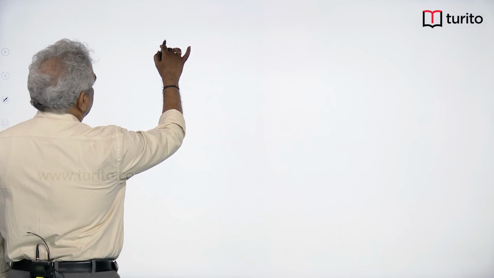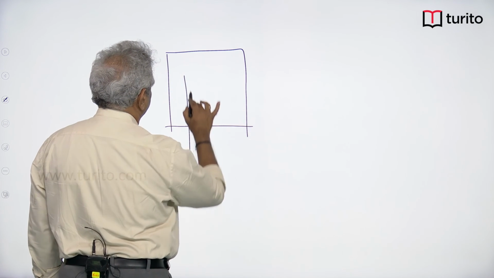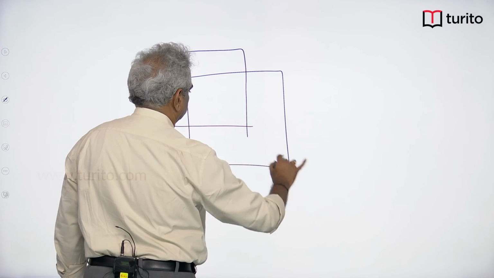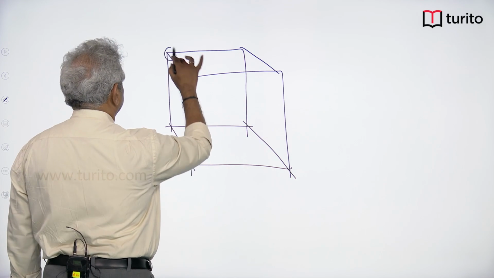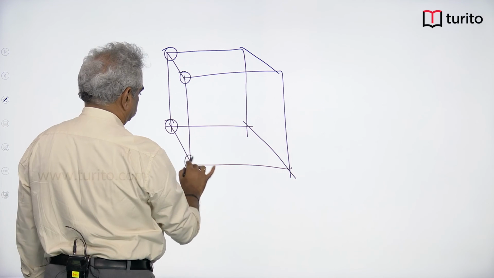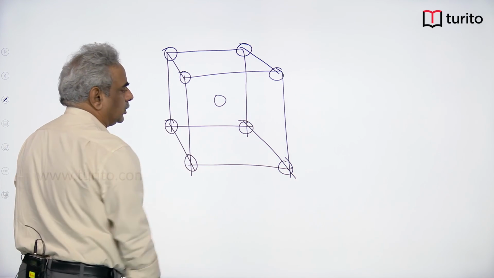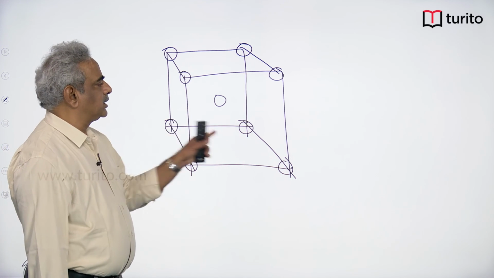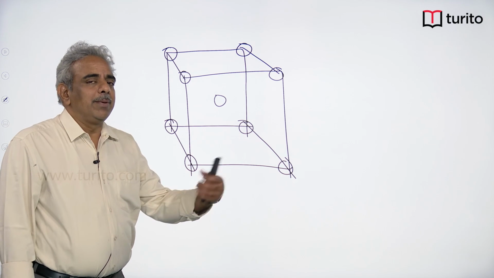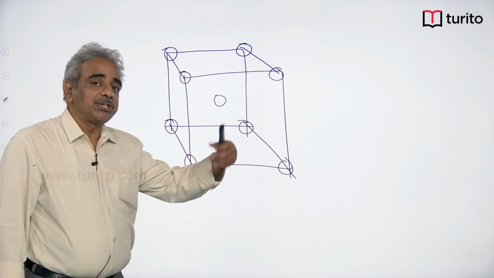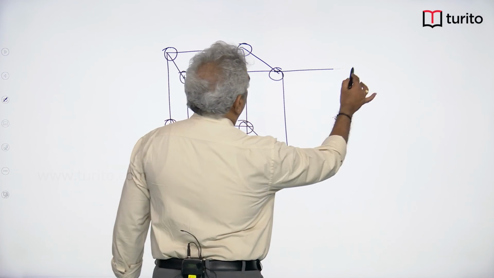In a BCC, as you know the unit cell, the coordination number will be 8. See, there are 8 spheres around each sphere. Of course, there may be some interesting features like who are the next nearest spheres. In the next unit cells, go to the next unit cell.